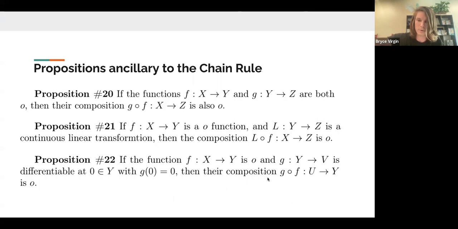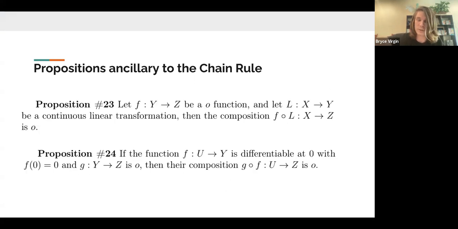Then again, we will have that the composition is little o, and the chain rule argument still works exactly the same here. The other 2 propositions are literally the last 2 propositions, but with the order of composition reversed. So essentially very little has changed, but the reasoning is the same as a result.